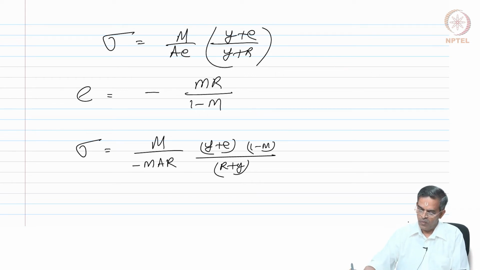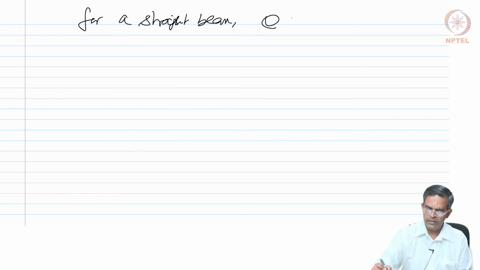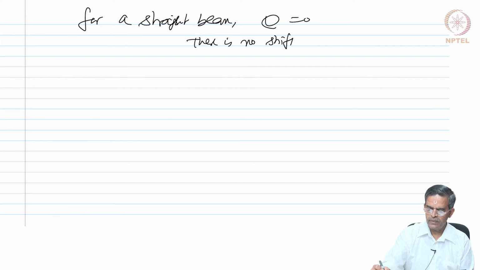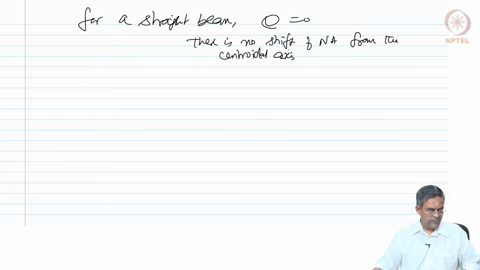Okay. Now, for a straight beam, e is 0, is it not? That is, there is no shift of neutral axis from the centroidal axis. Shift is 0.